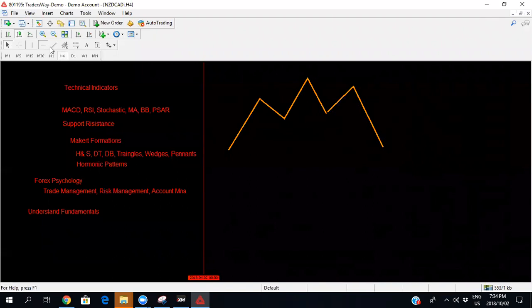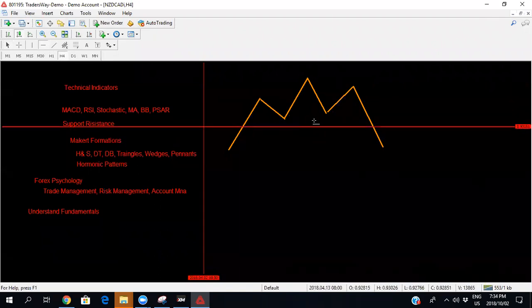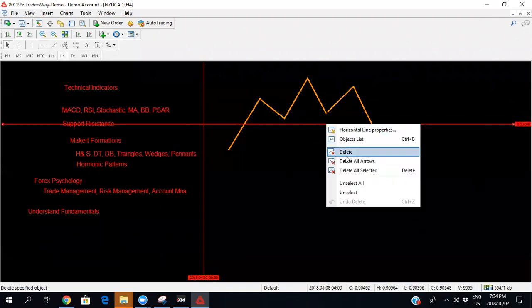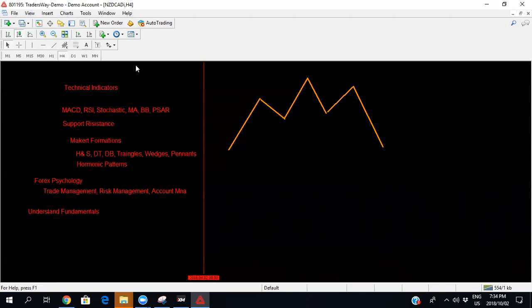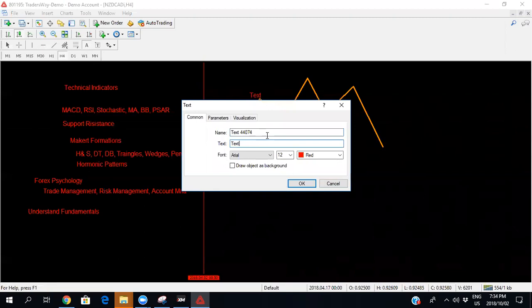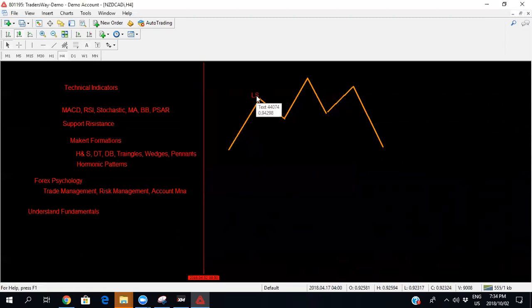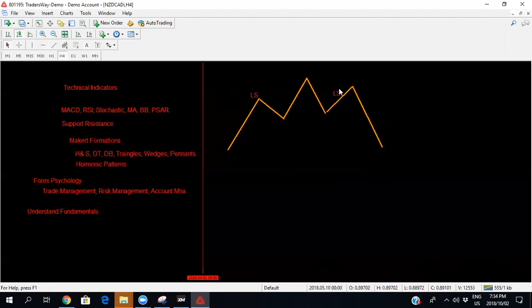Therefore, then you have a major retracement to the upside. This is your left shoulder, your LS. Then you have your right shoulder over there.